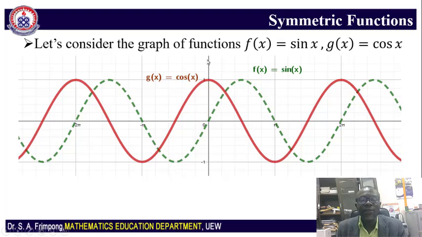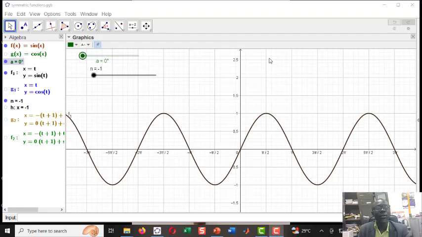Now you can see that if you pick the y-axis, the cosine is reflected on the other side. But f of x, sine x, cannot be reflected on the y-axis. And both of them do not reflect on the x-axis. We are going to demonstrate that using GeoGebra.